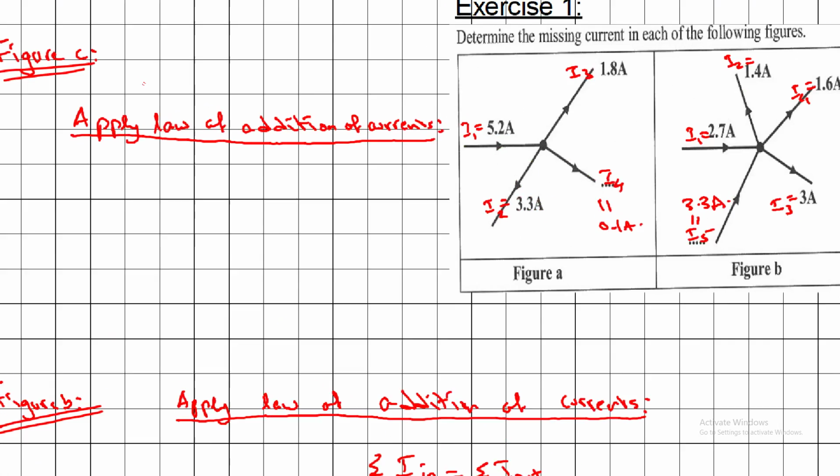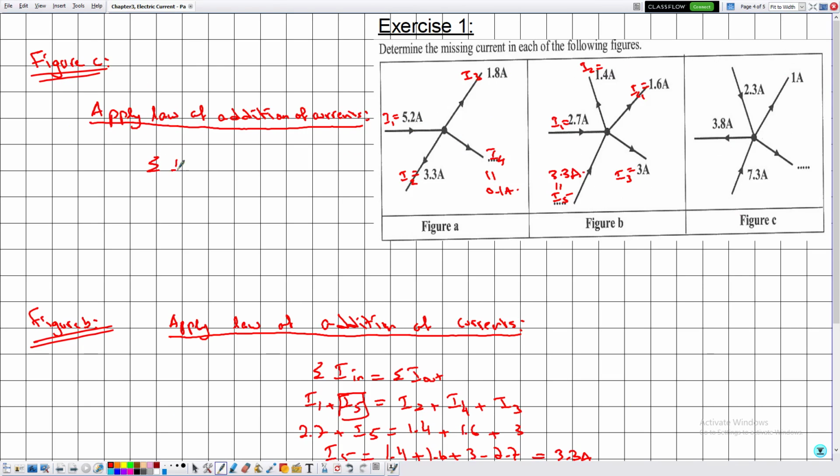For this statement they give half a mark. So we say the summation of I in is equal to the summation of I out.